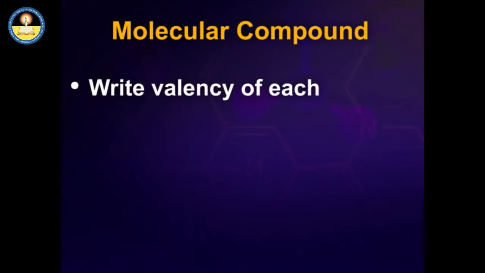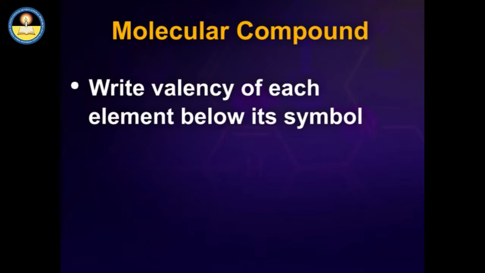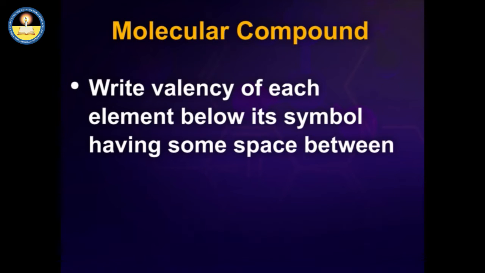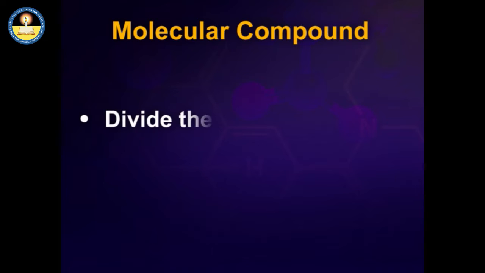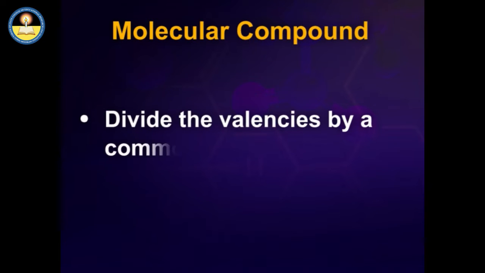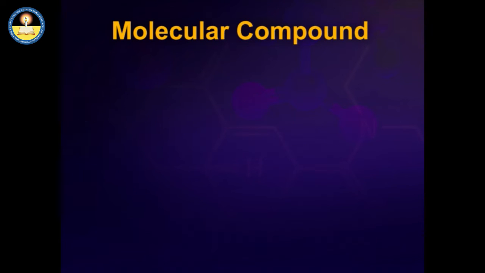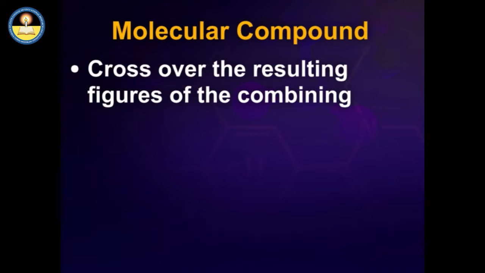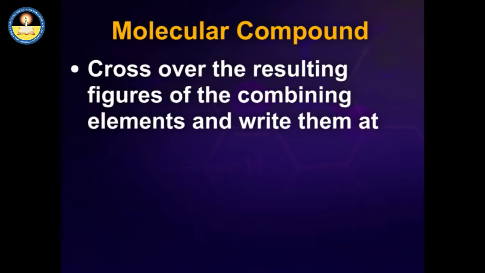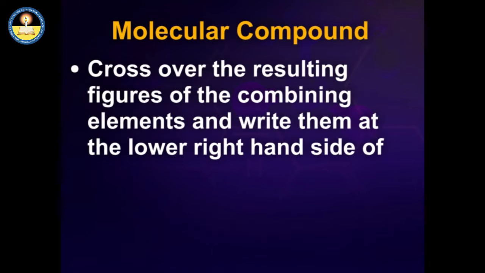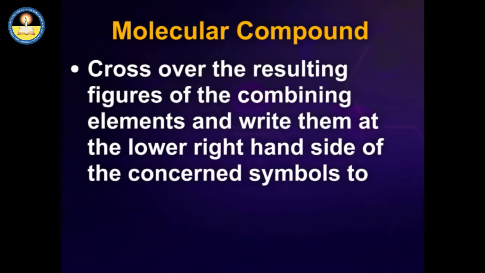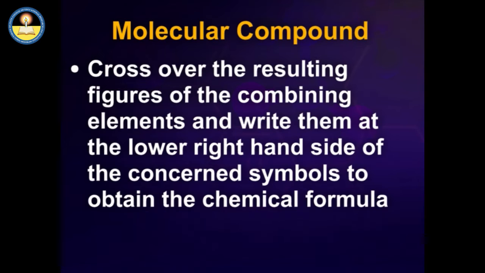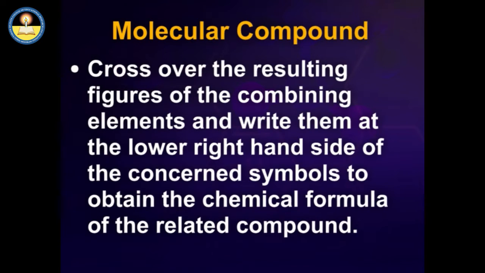Write valency of each element below its symbol, having some space between them. 3. Divide the valencies by a common factor, if any. 4. Cross over the resulting figures of the combining elements and write them at the lower right-hand side of the concerned symbols to obtain the chemical formula of the related compound.